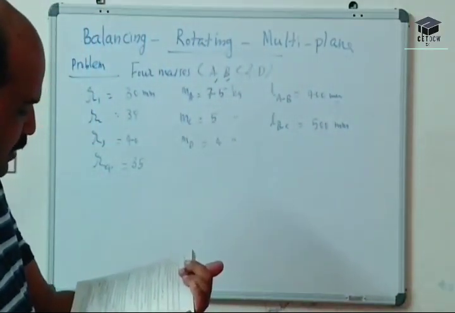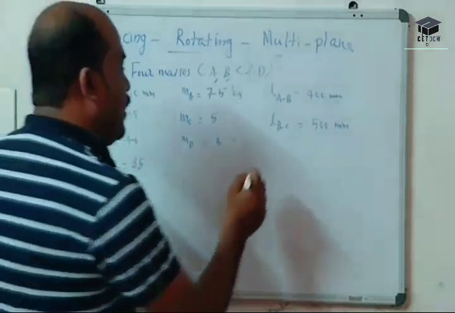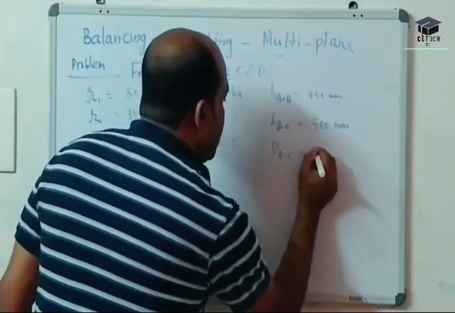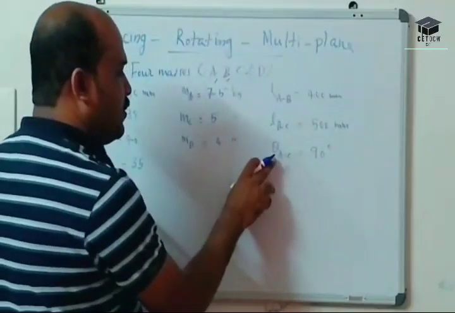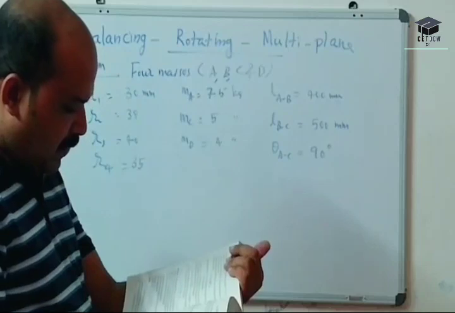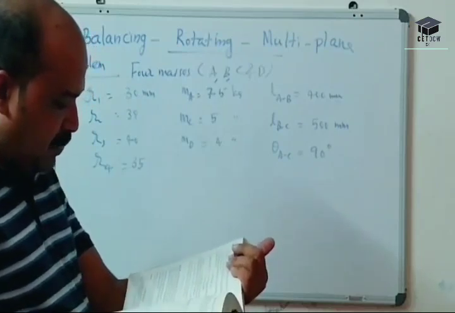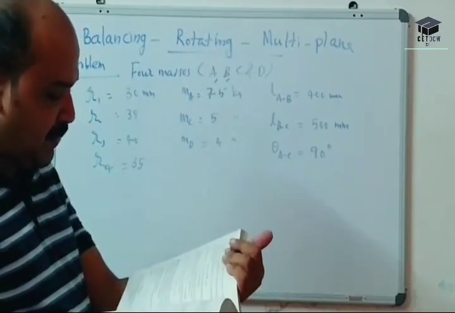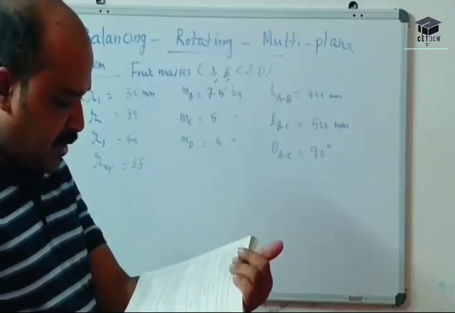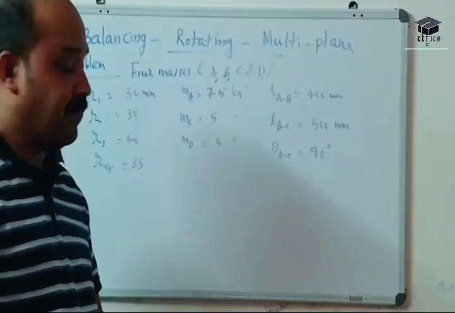The masses A and C are at right angles to each other. We can write theta AC is 90 degree. Find, for a complete balance, the angle between masses B and D from A, the axial distance between the planes of rotation of C and D, and the magnitude of mass B.